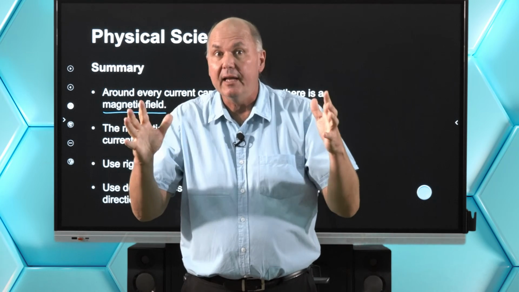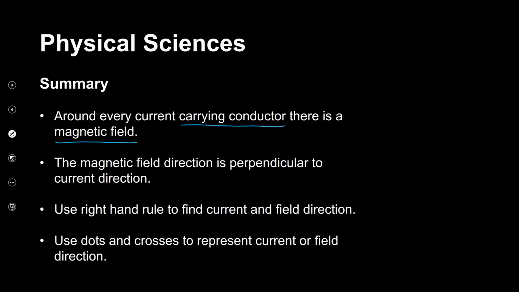If the current is very large, then the magnetic field will be much bigger. Recognize that the direction of the field is perpendicular to the current direction. And remember, we use the right-hand rule to find the current and field direction, and we use dots and crosses to represent it: when it's a dot, it's coming out. When it's going in, then we use a cross.